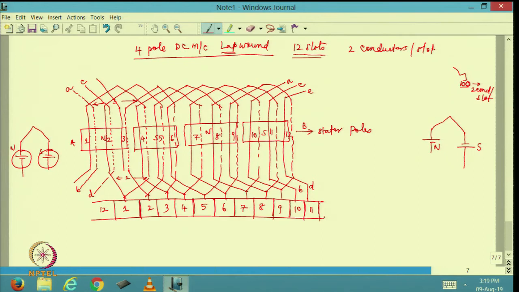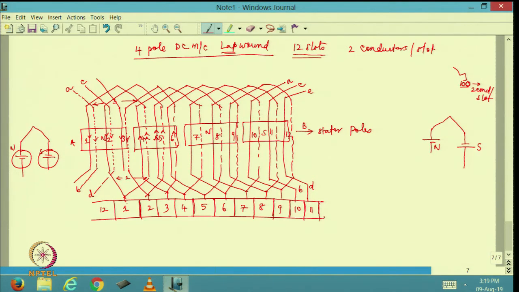Now, if I assume that all the currents in the North Pole are coming this way and all the currents in the South Pole will be going upward like this, right. So, you will have 6 conductors carrying current upward, 6 conductors carrying current downward.